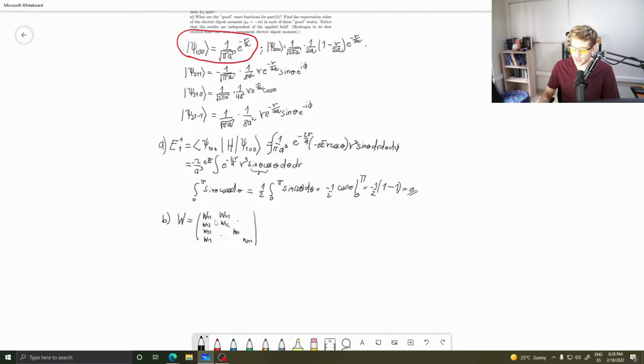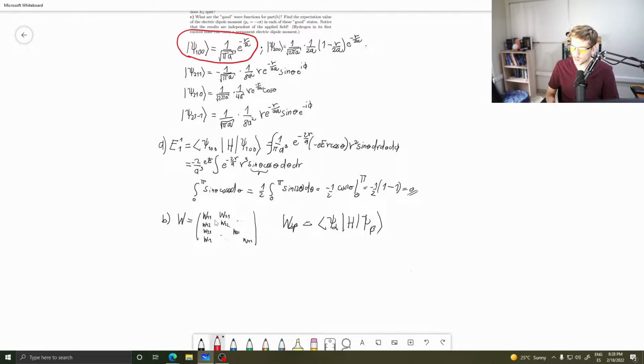So maybe let me zoom out a little bit so I can see our states. So we have to find W11, and just a quick reminder, W alpha beta, right? This is our wave function in some state alpha sandwiched with the Hamiltonian with some state beta. So that is what W alpha beta is. So W11 would be simply the expectation value of the Hamiltonian in state number 1.